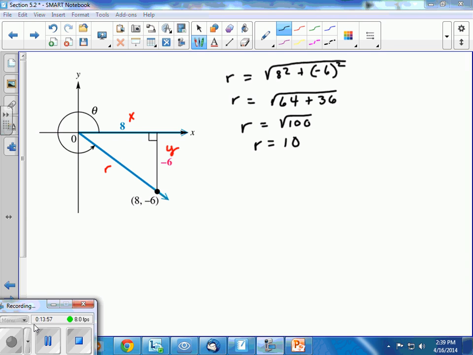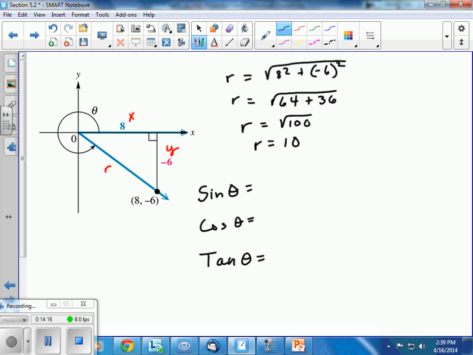Again, we're going to find all 6 of our trig functions. So the sine of theta, the cosine of theta, and the tangent of theta.